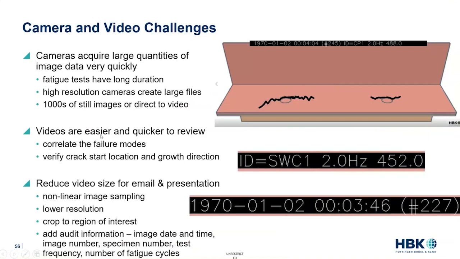The advantage of the videos is they're much easier and quicker to review, particularly to correlate the failure modes, to identify where the cracks start and where they grow, and being able to add on to those images the audit information, such as the ID number for the specimen, the test frequency, so how many cycles of fatigue test per second, in this case 2 Hertz, and also the cumulative cycles, so the total number of cycles that have been applied to that point, obviously a date and a time, and a frame number. Okay.